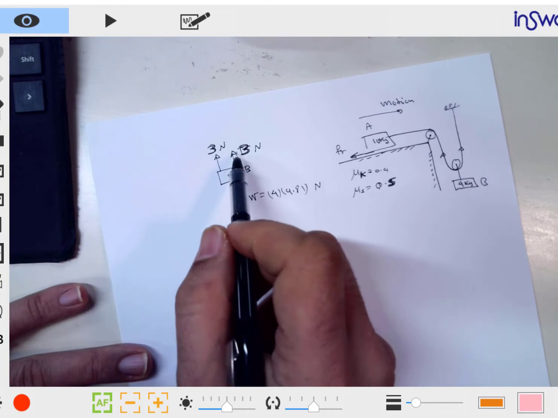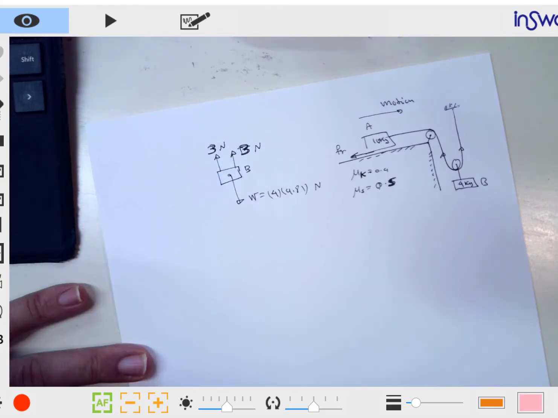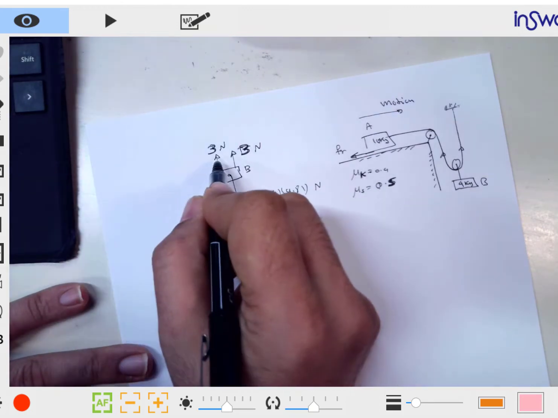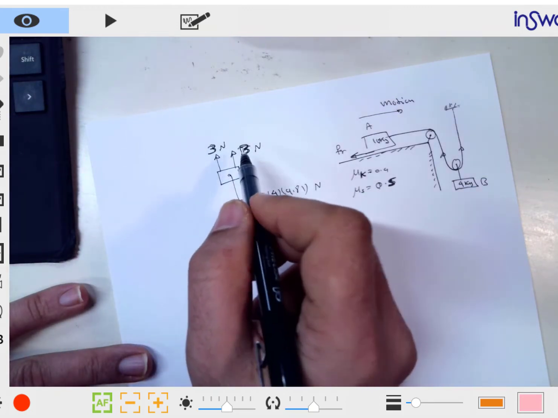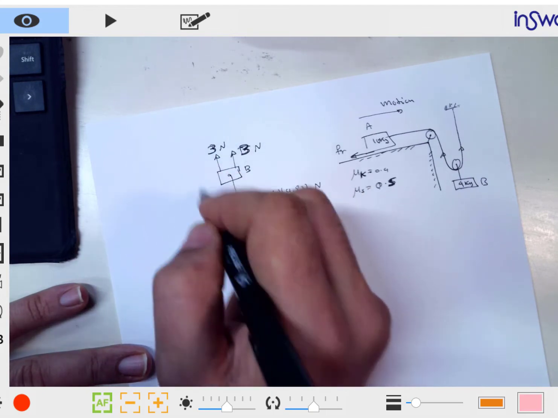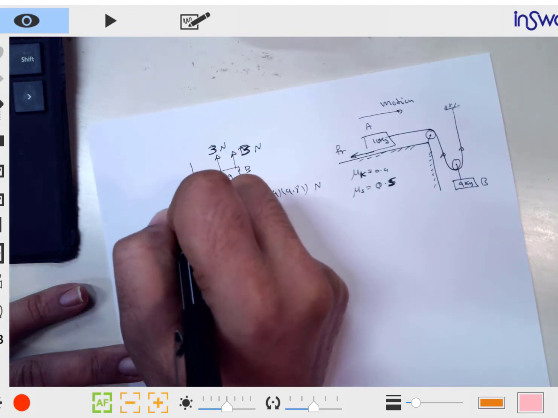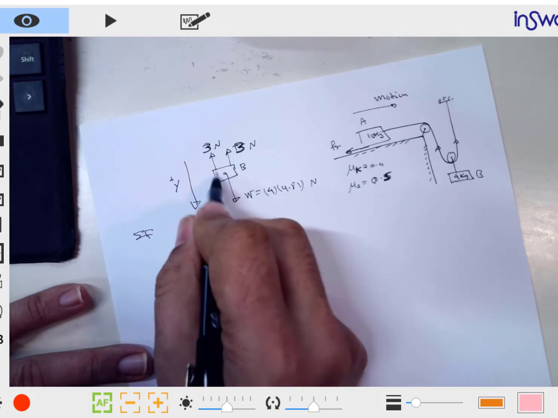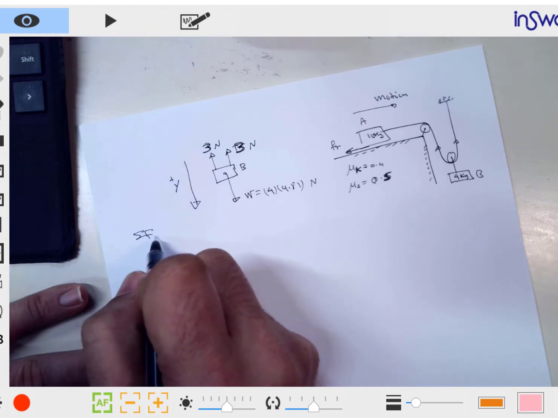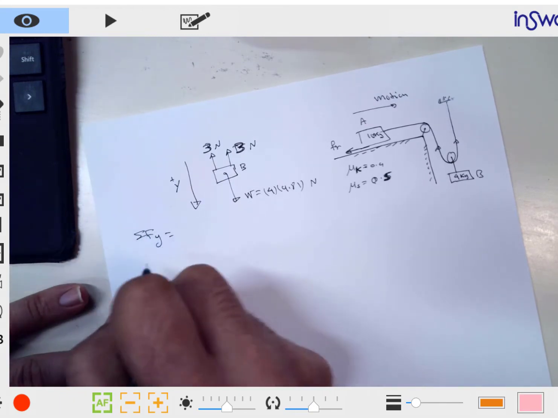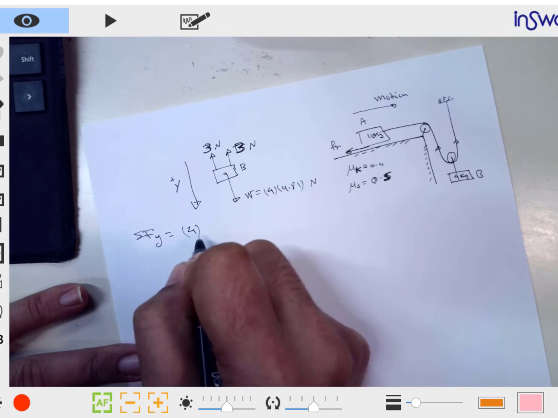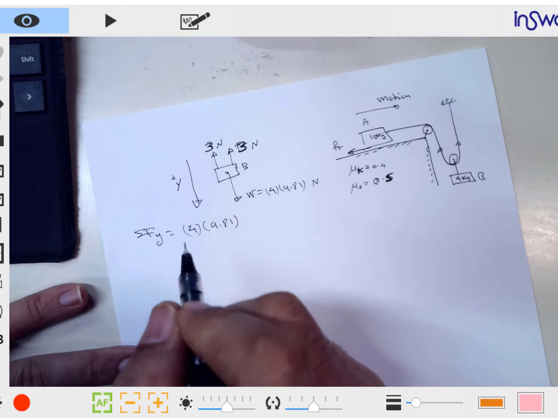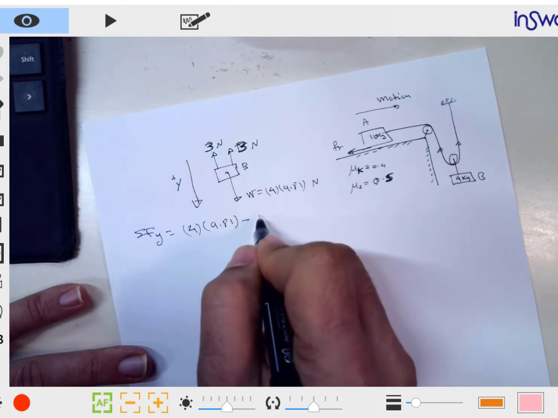Because the tension is already given to us to be 3 Newton, it's telling us the net force will not be zero. Actually, the net force will be downward. So if I choose downward to be positive and sum all the forces for this block in the y direction, I get 4 by 9.81 minus 3 plus 3, which is 6.